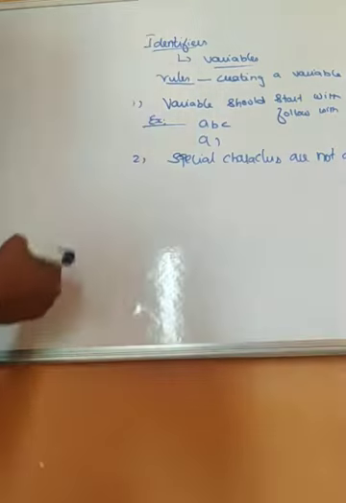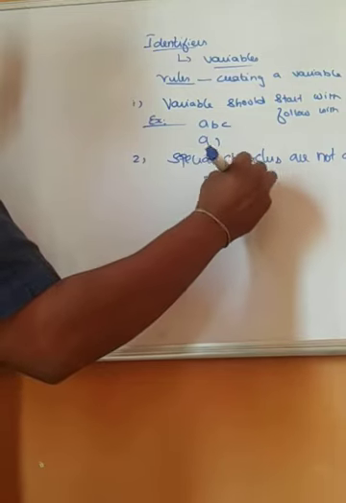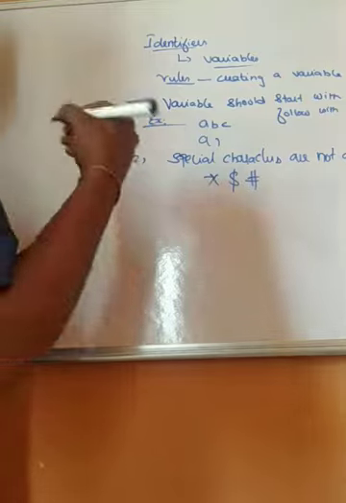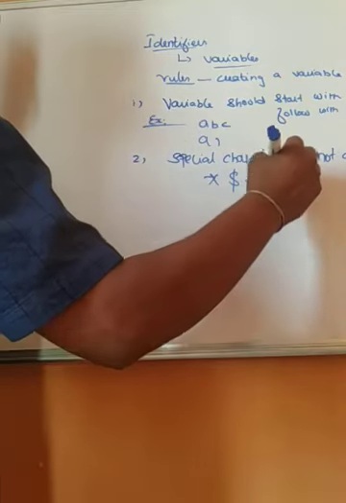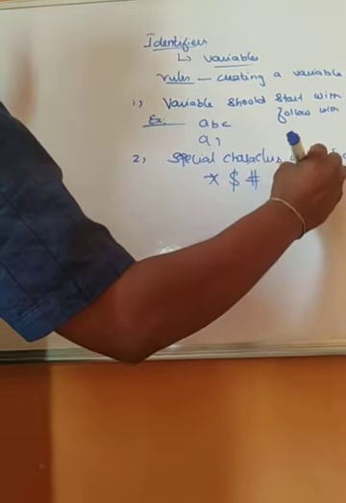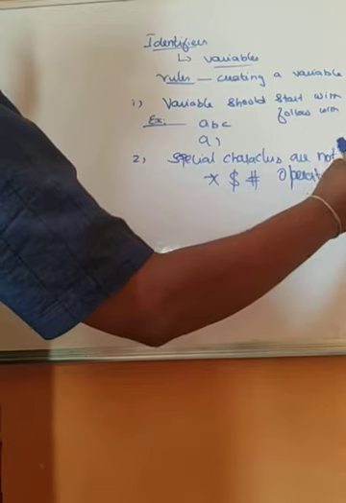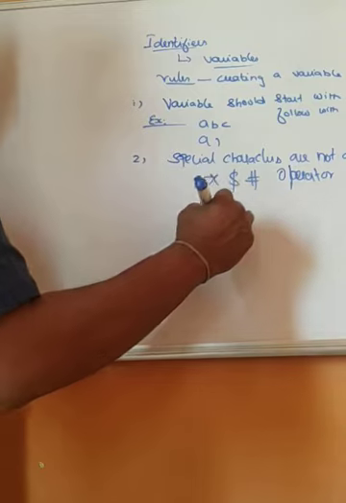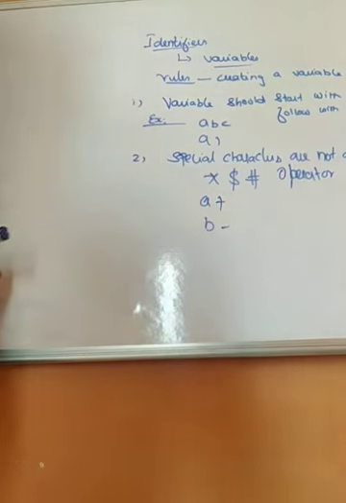What are special characters? Like dollar, star, hashtag, and the remaining ones. Not only special characters, operators are also not allowed, like A plus or B minus; we should not do that.